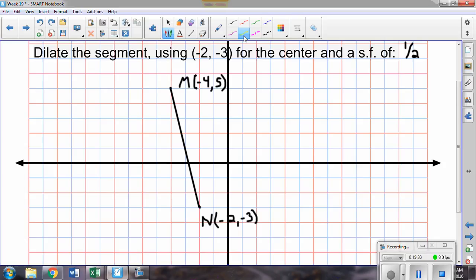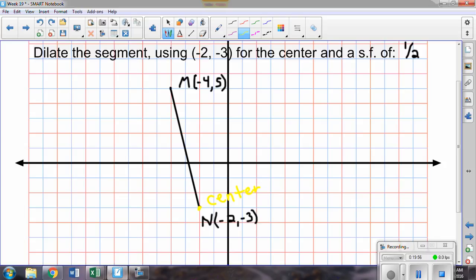Where is the center going to be located? Negative 2, negative 3. So there's the center. Here's an interesting bit. We still need to figure out where the image of N will be. Where is N prime supposed to be?